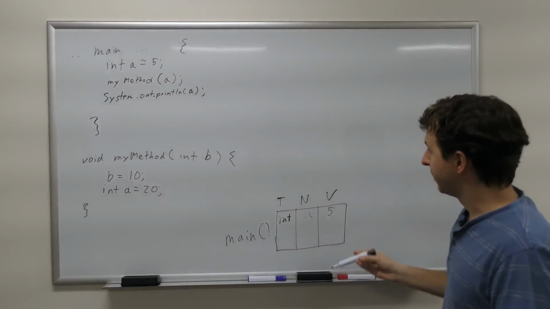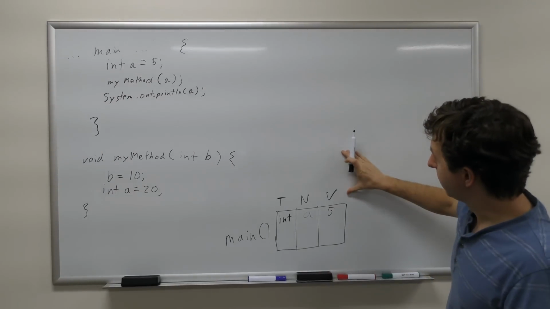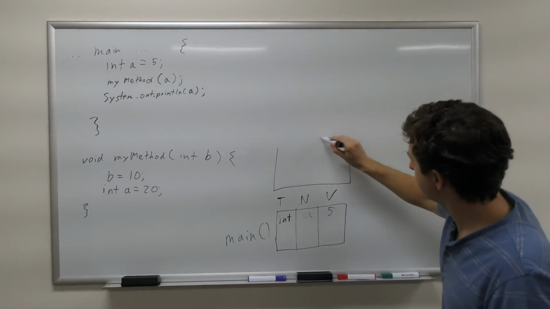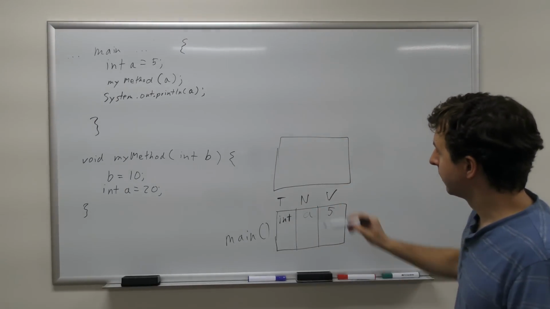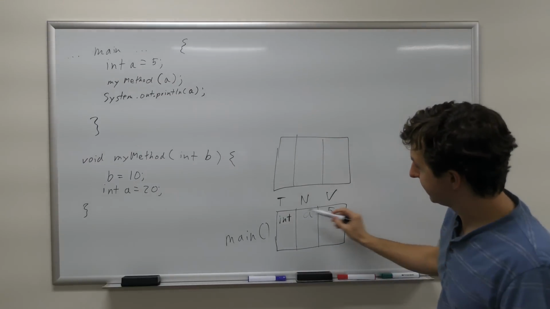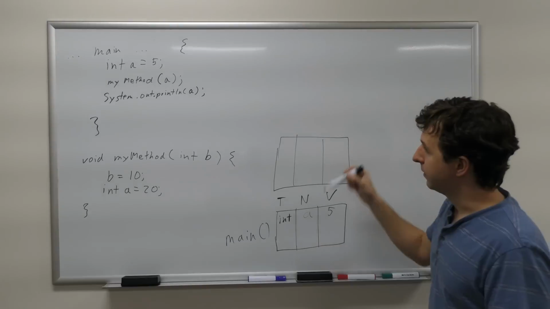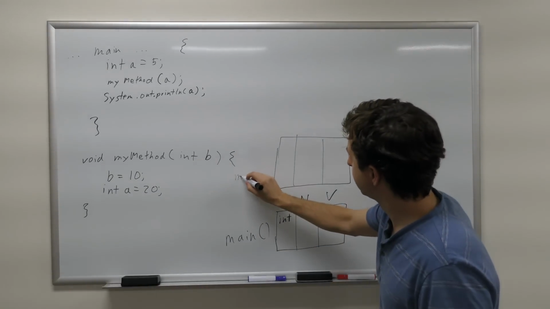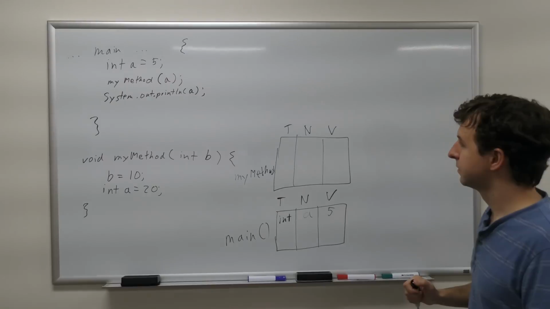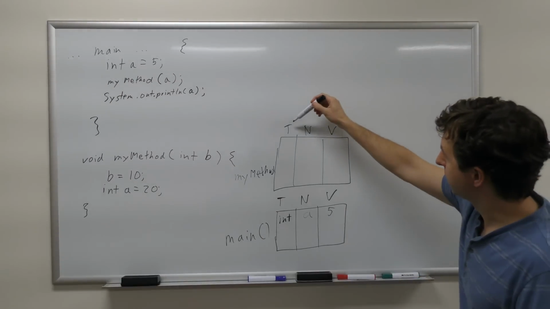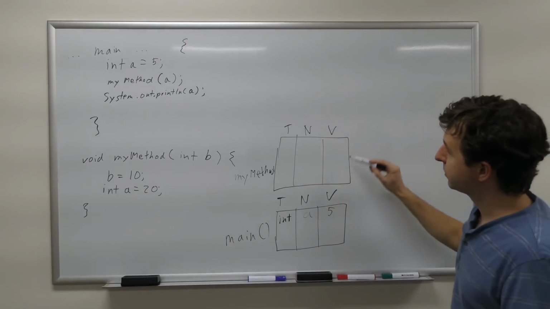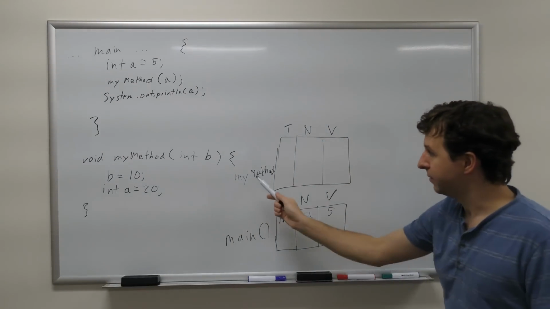When this runs, we place a new entry on the stack. And this new entry is eventually going to completely prevent all access to this bottom one. This entry is for my method.